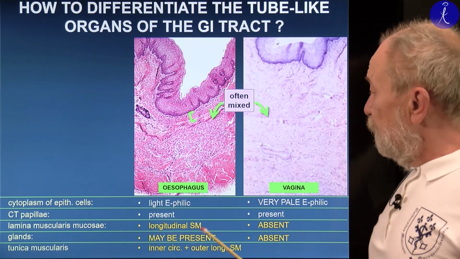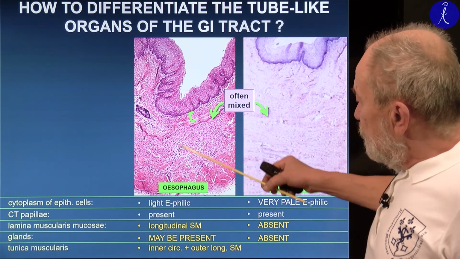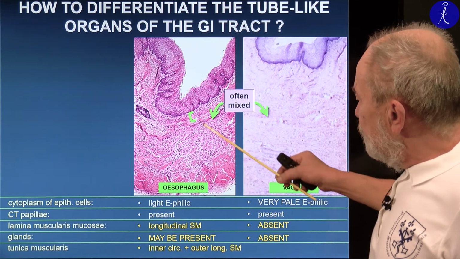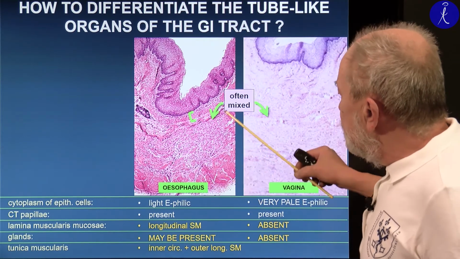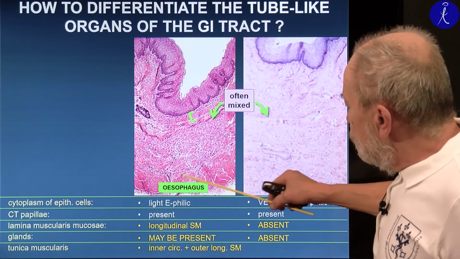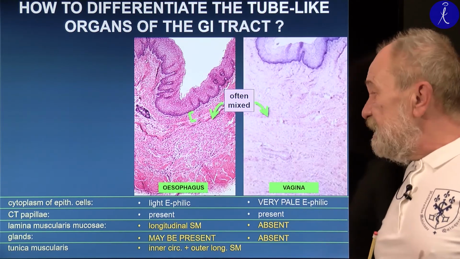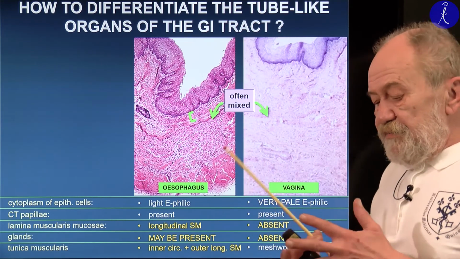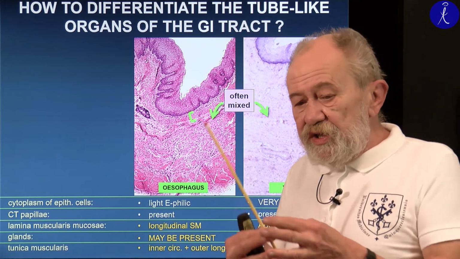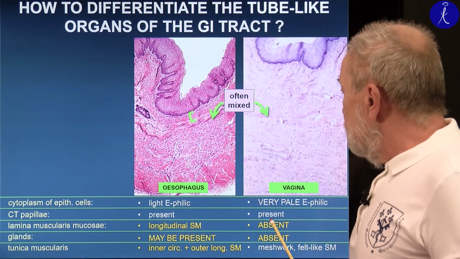And the other big difference is the tunica muscularis. Can you see this extremely thick layer of tunica muscularis with inner circular, outer longitudinal but very strong musculature? That's what is missing from the vagina, because in the vagina there is a felt-like meshwork of connective tissue fibers and smooth muscle cells with each other.